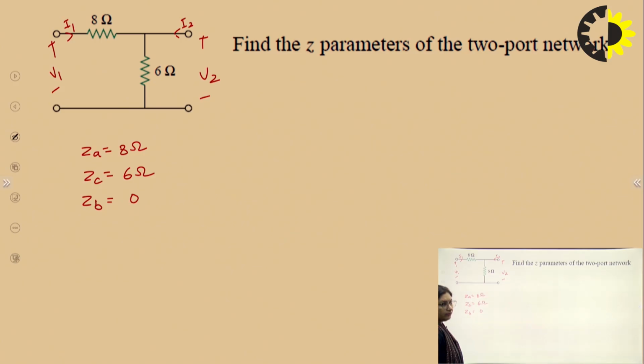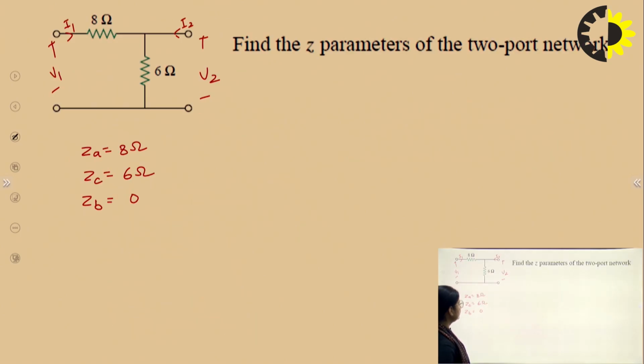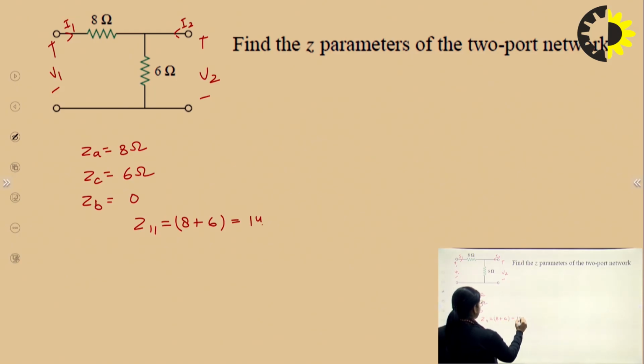From the previous analysis, using the same KVL in loop 1 and loop 2, I can calculate these parameters. Z11 equals ZA plus ZC, which will be 8 plus 6 equals 14 ohms.